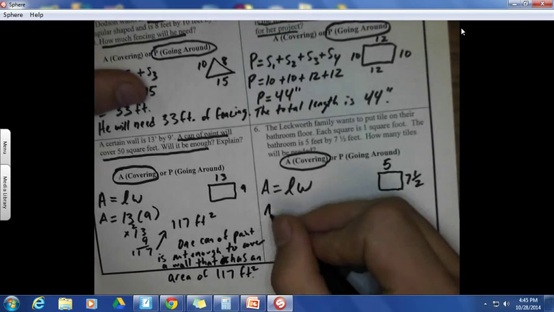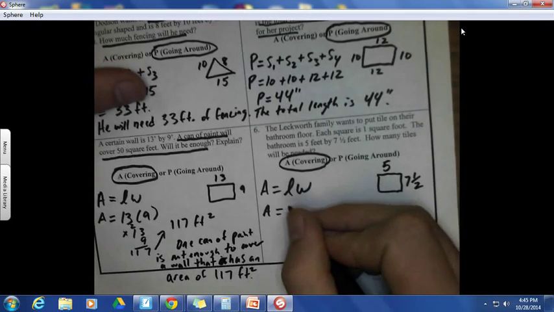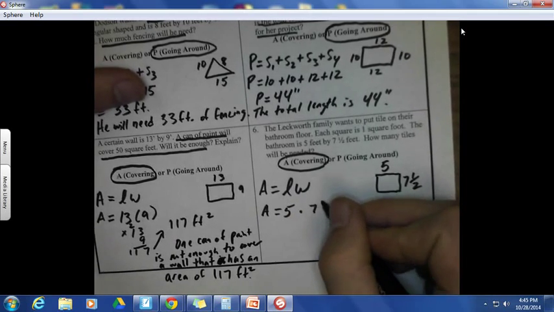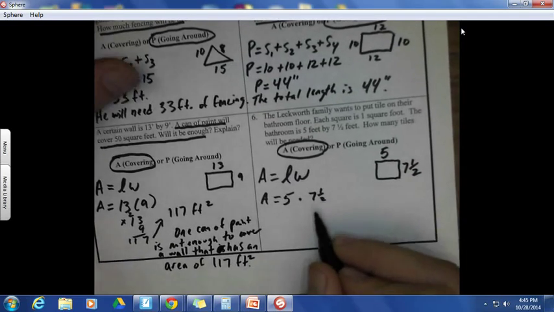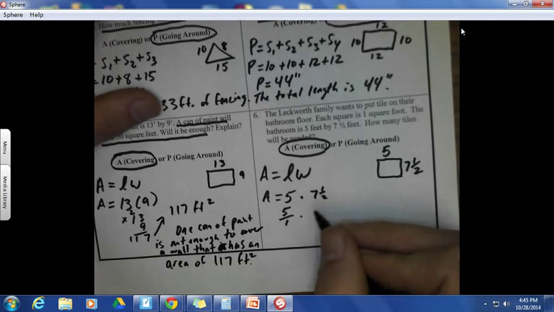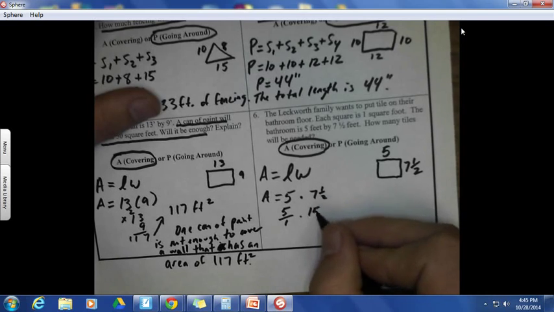Alright, so let's do that multiplication. We have a fraction, but we're not going to let that throw us off. So let's do 5 times 7.5. So let's convert this to an improper fraction. So let's have 5 over 1 times 7 times 2 is 14 plus 1 is 15.